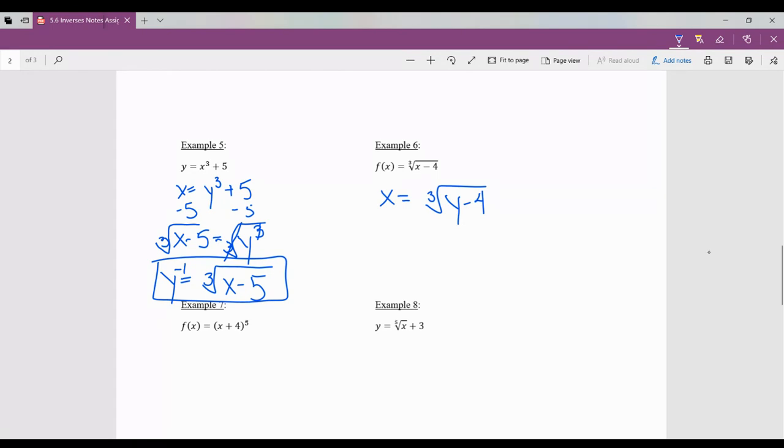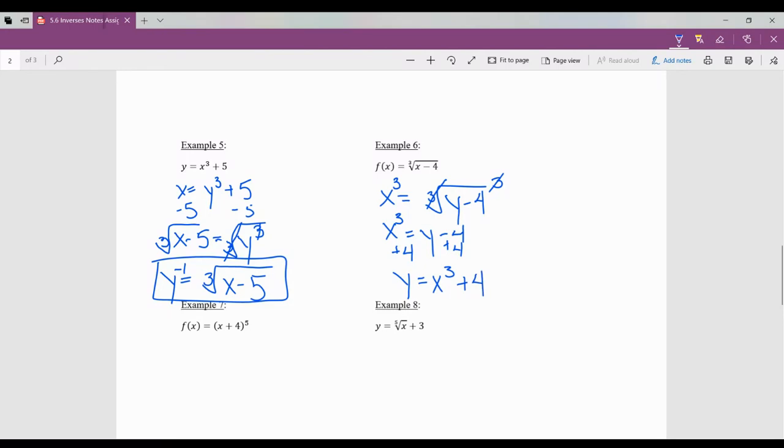So the thing that undoes the root is the exponent. So we've got to have a 3 as an exponent. And what I do to one side, I got to do the other. So the cube root and the cube, they're going to cancel. So we get x to the third equals y minus 4. And then I add 4. So I get y equals x to the third plus 4.